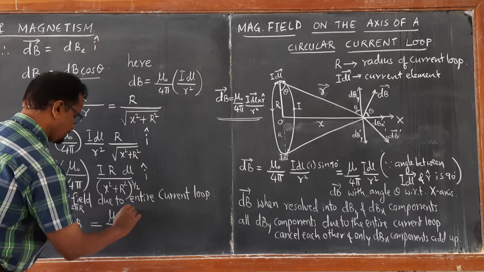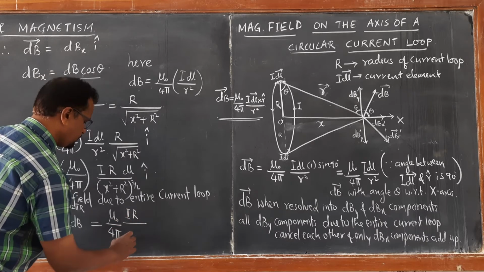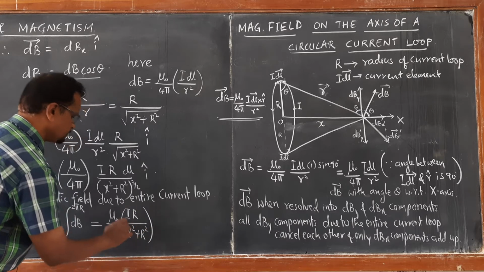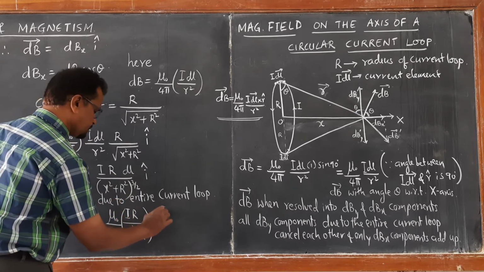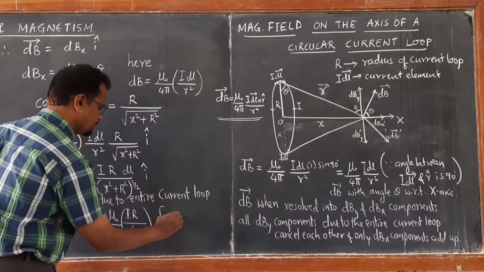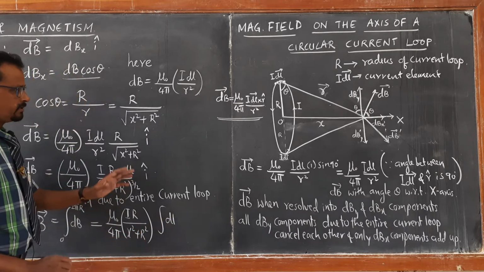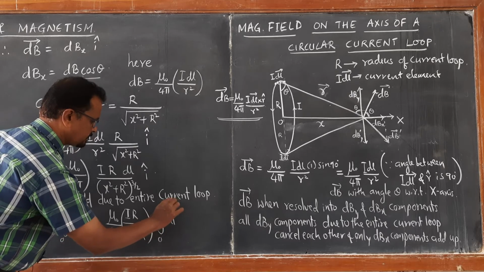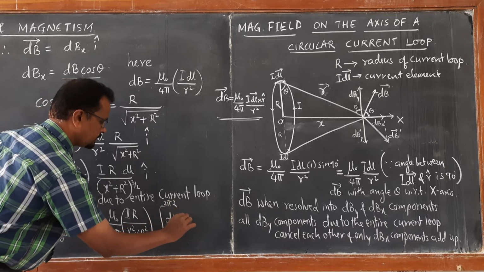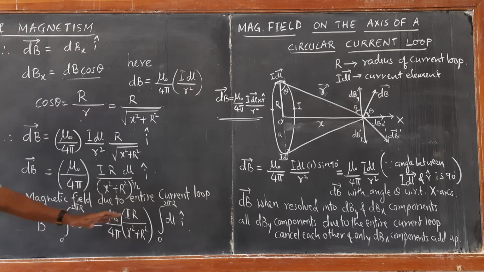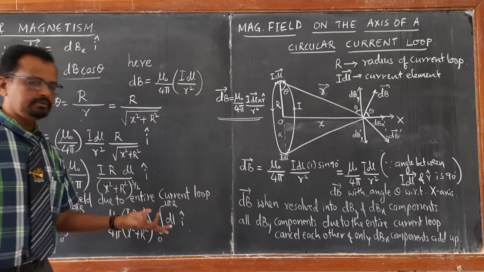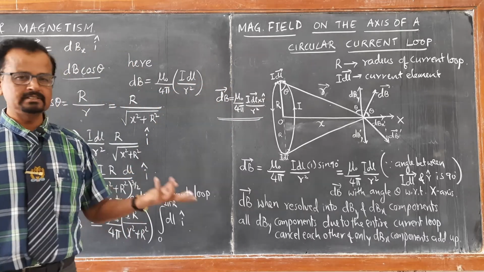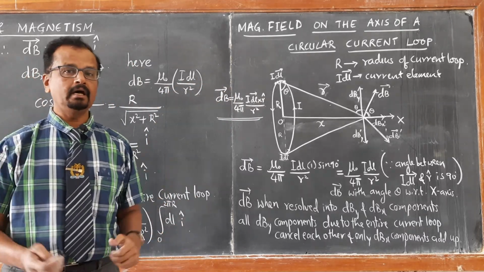So I R upon x square plus R square into the integration of dl, only dl is variable, 0 to 2 pi R into I cap. So this integration of dl gives you the total length of the circumference, that is nothing but 2 pi R.